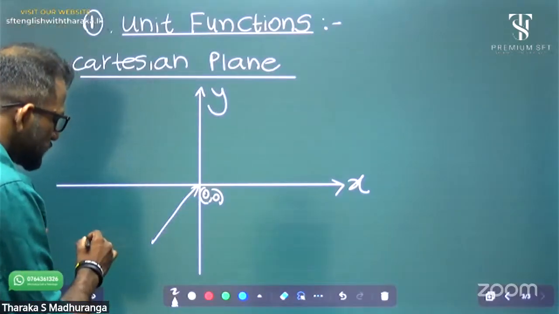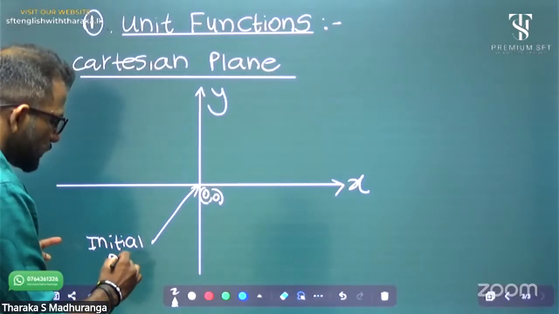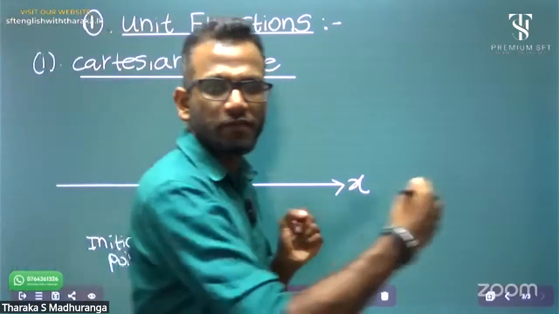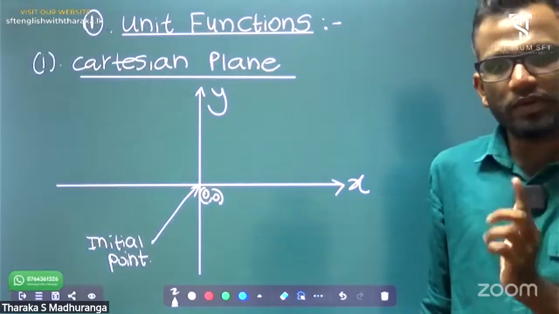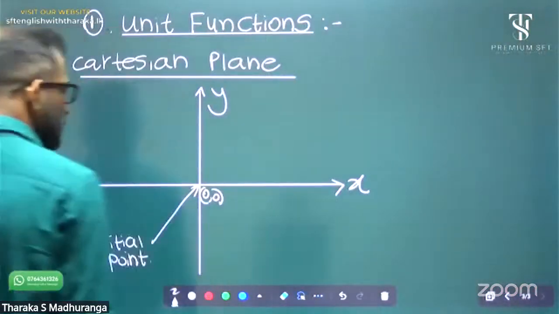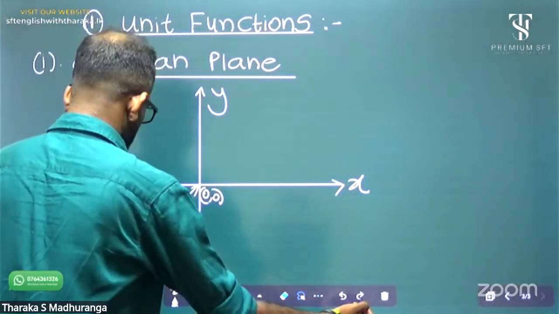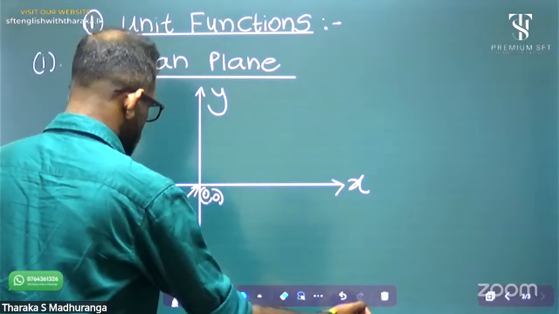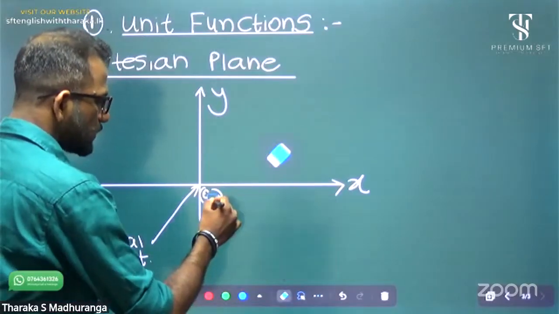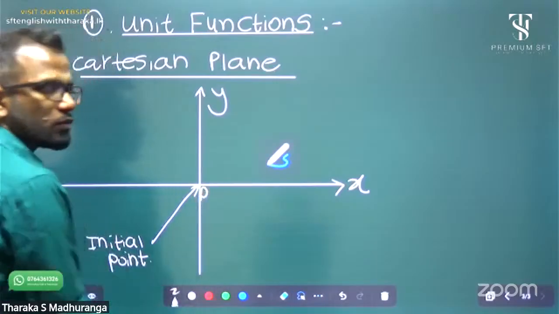That's why we call it the initial point. The x and y axis intersecting point is the initial point, with coordinates 0, comma 0.